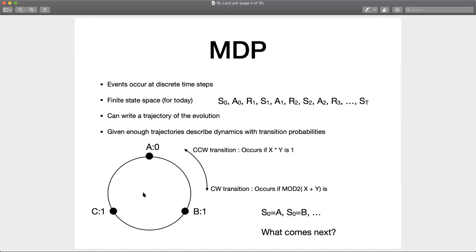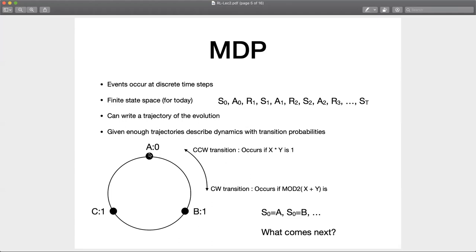And let's say that this counterclockwise transition is going to occur if, using X and Y for the current and the previous state, the product of the current and previous state is 1.